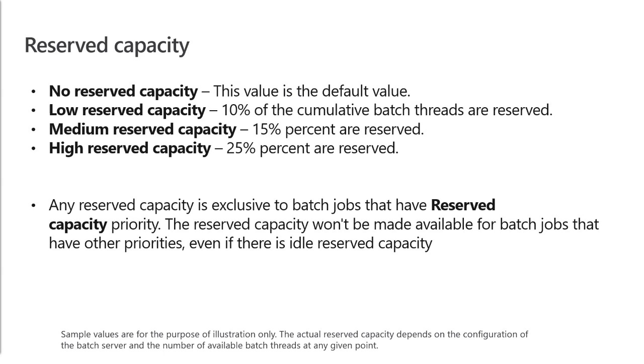So if you don't fully utilize the capacity that you have set aside with batch jobs in these batch groups that are using the reserve capacity, you might still have idle capacity while there are batch jobs queuing up for other priorities.